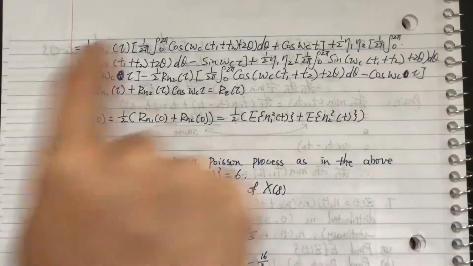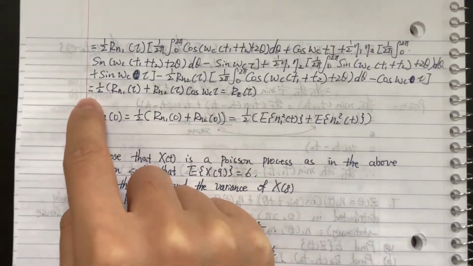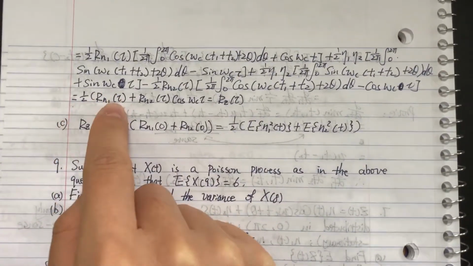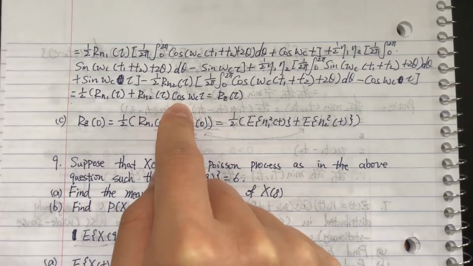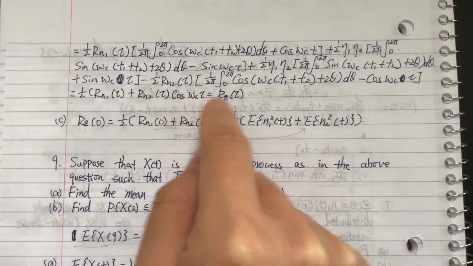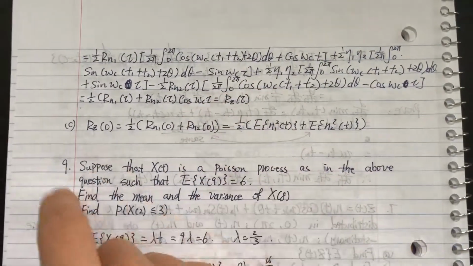So this can be transformed into 1/2 [Rn1(τ) + Rn2(τ)] cos(ωc τ), which is Rz(τ).